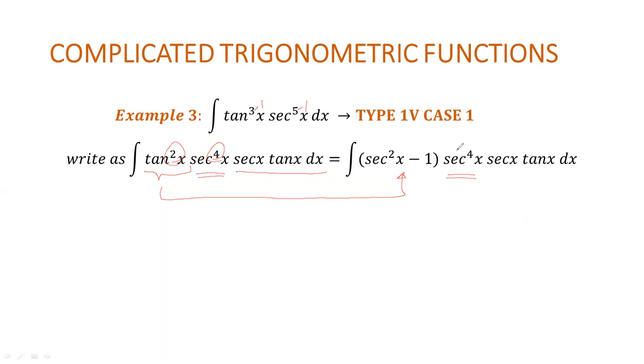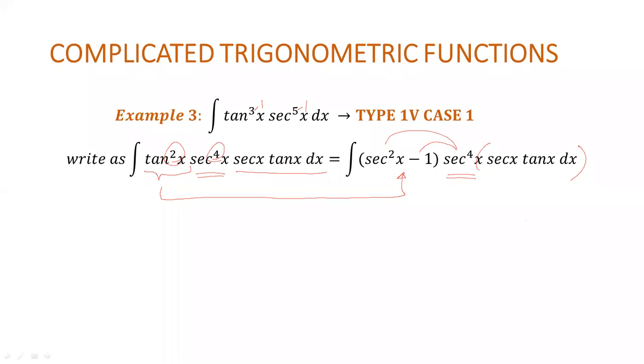If you expand by distributing the secant to the fourth x to secant squared of x minus 1, the expression resulting will need the secant x tangent x dx as the du of the secant, meaning you can use the power rule.